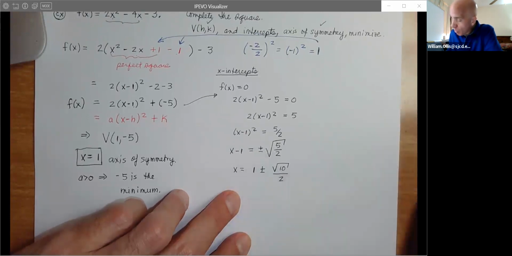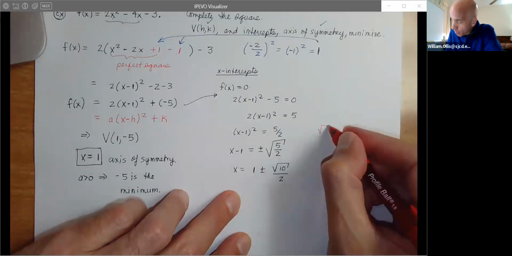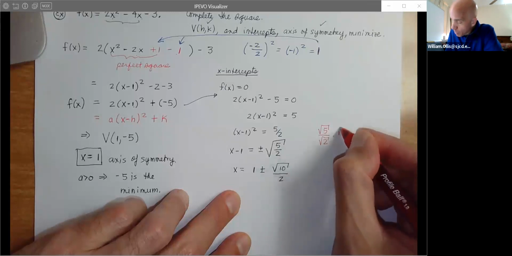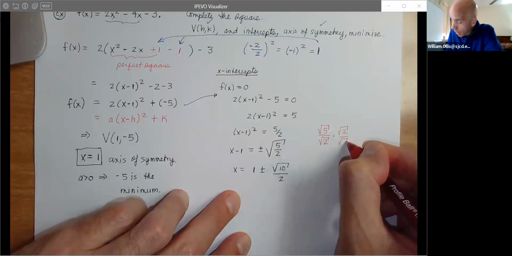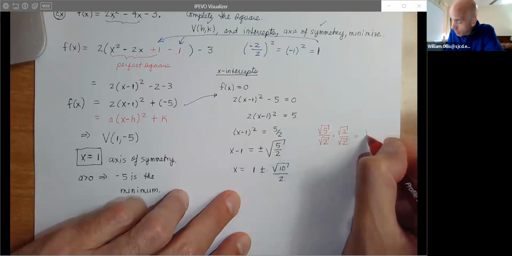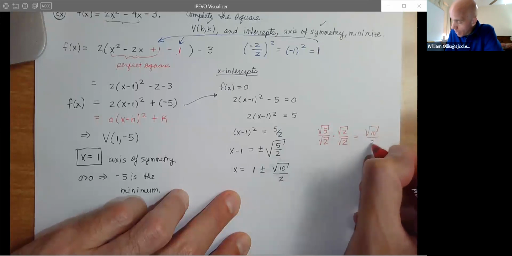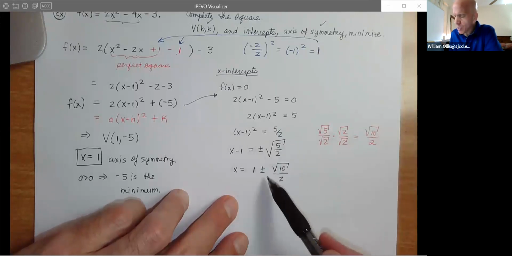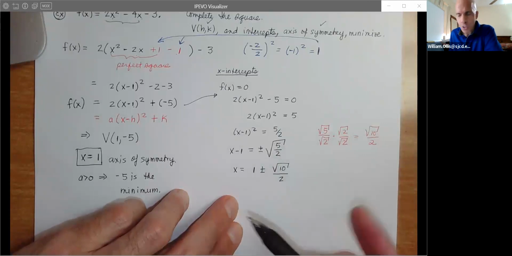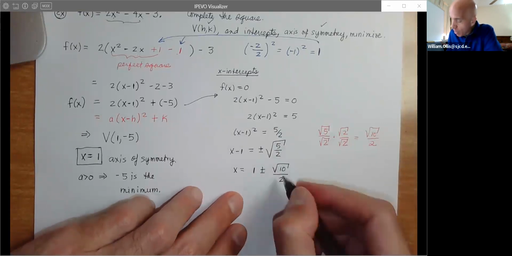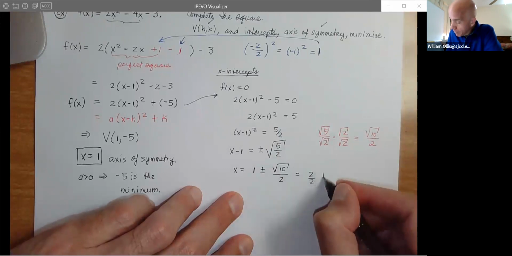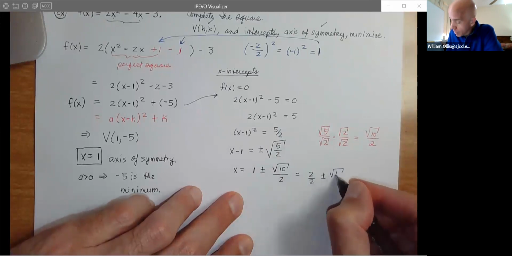So just recall, if you have root 5 over root 2, you can multiply and divide by root 2 if you like. And that'll give you root 10 over 2, just to rationalize. I don't really care about this, but this will actually allow us to write these intercepts in a maybe nice fractional form. So now this would be 2 over 2 plus or minus square root 10 over 2.